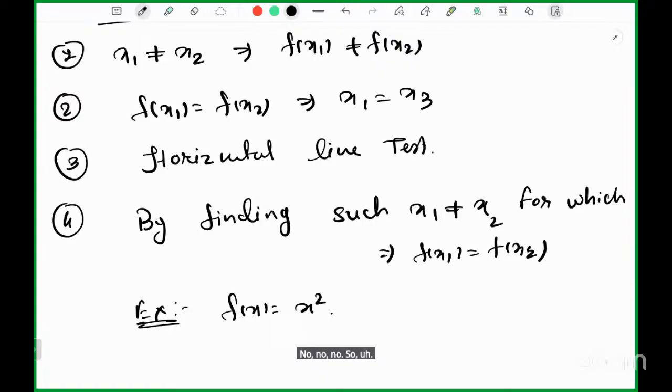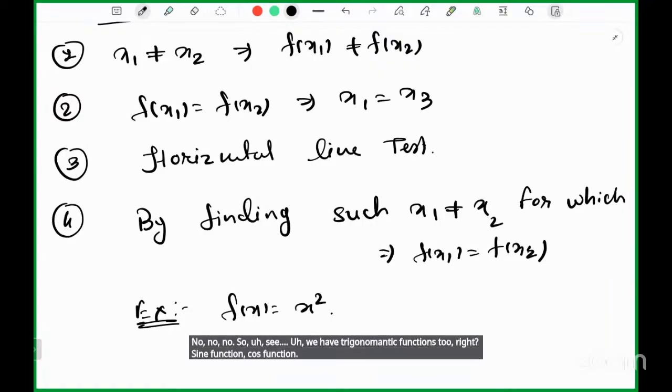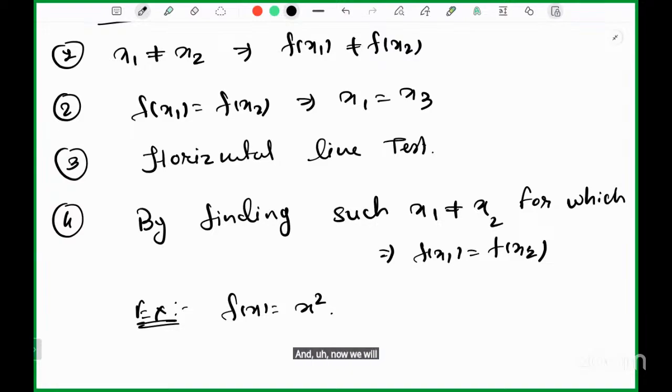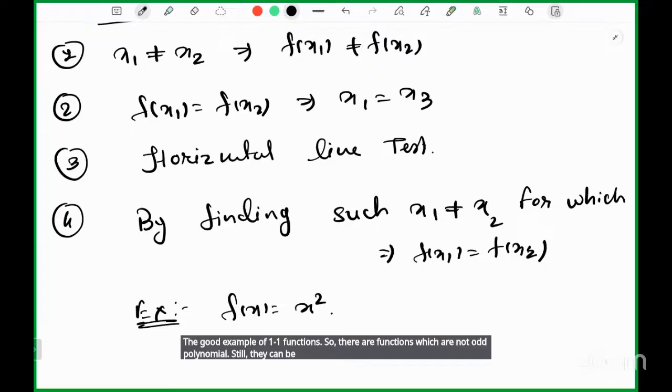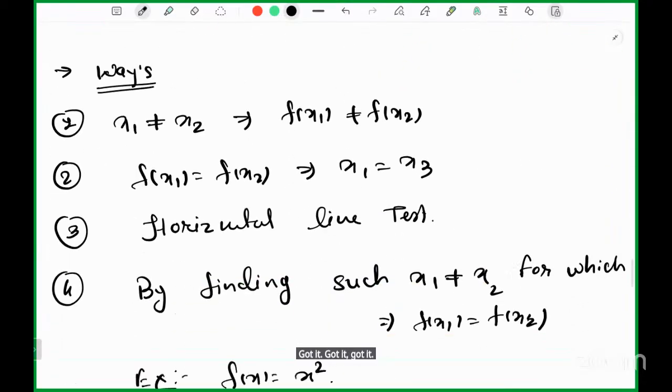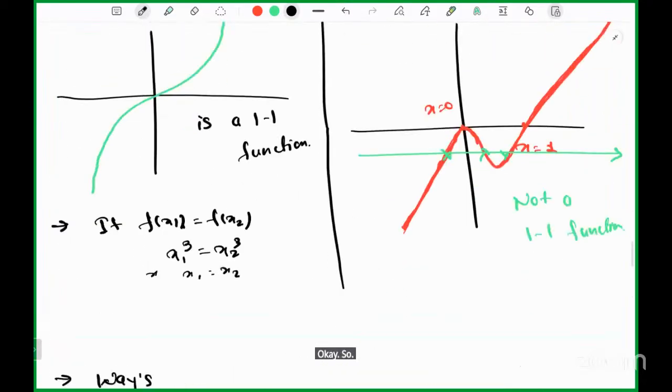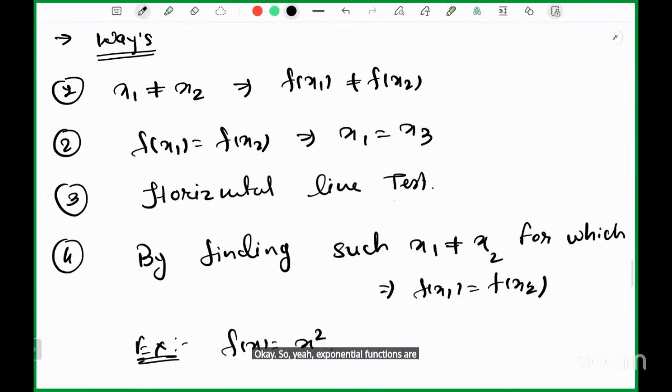See, we have trigonometric functions too, right? Sine function, cos function, and now we will see exponential functions. Exponential functions are a good example of 1-1 functions. So there are functions which are not odd polynomials, still they can be 1-1 functions. Got it. Exponential functions are not onto, but they are one-one.